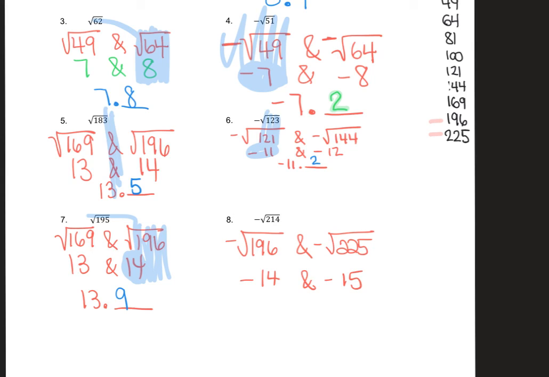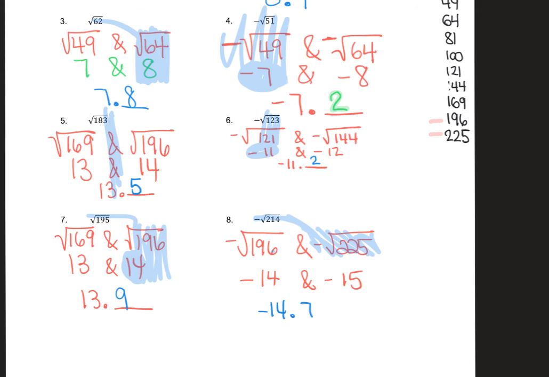Negative 214 is about 11 away from 225. It's about 18 away from 196. So it's in the middle, but it's slightly closer to this one. So maybe I'm at negative 14.7, maybe 6 or 7, since I'm slightly closer to the 225, but not by much.